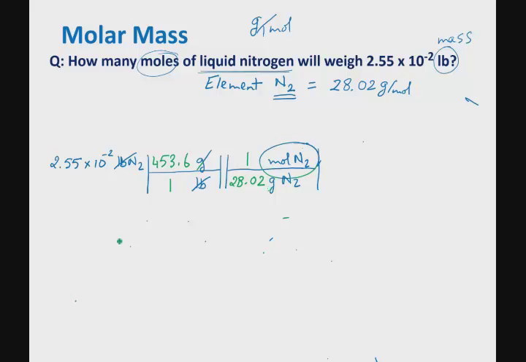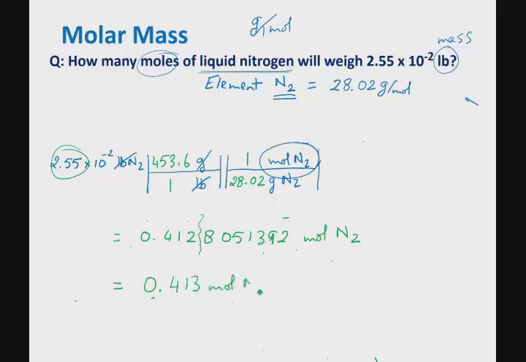If you solve this, the answer comes out to be 0.412805139 moles of N2. How many significant figures should this answer be given in? Absolutely 3 significant figures. So when you round this, the final answer is 0.413 moles of N2.